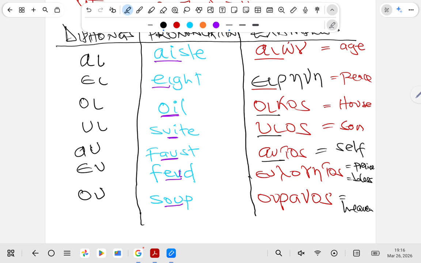But we'll see that in future lessons as we do amalgamation. In our next lesson, we will deal with breathing marks, pronunciation, diacritical marks and accent marks. Once we are done with that, we will begin getting into some vocabulary as we get into inflection, where you get the actual meat.